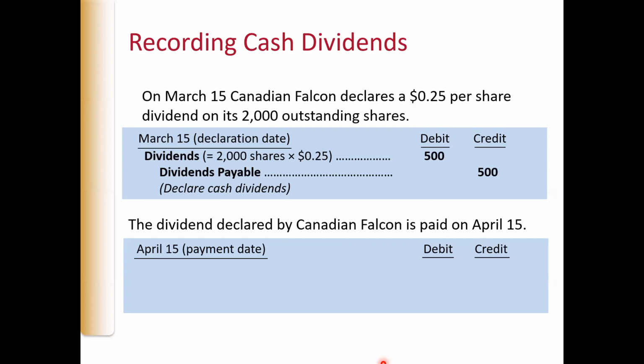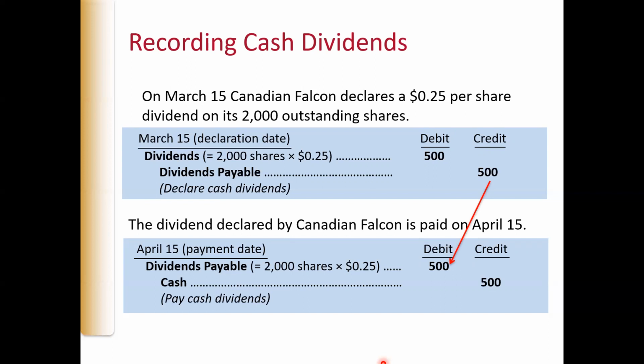Then when the dividends are declared, they say they're going to be paid on April 15th. The record date we don't do anything with. We show then our dividends payable is debited and we credit our cash for the full amount. Okay? Does that make sense?